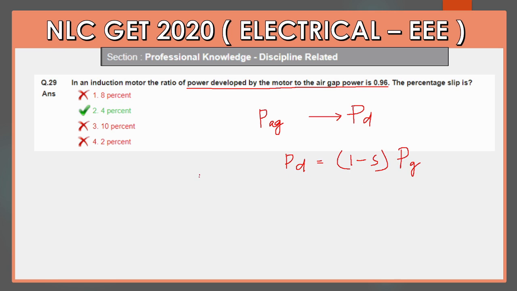So it is saying power developed by the motor PD divided by PG equal to 0.96, which is nothing but 1 minus S. So what is S? S will be 0.04, or you can say 4%. So the percentage slip will be 4%. So the second option is the right answer.